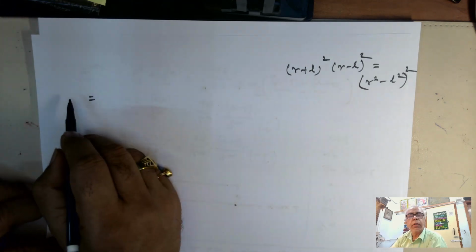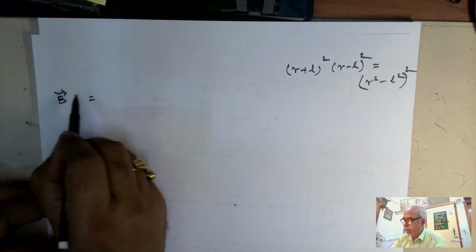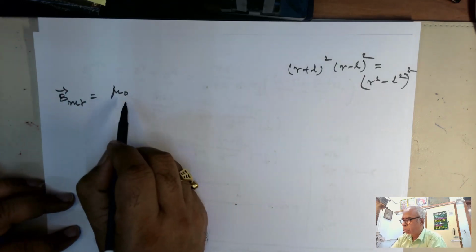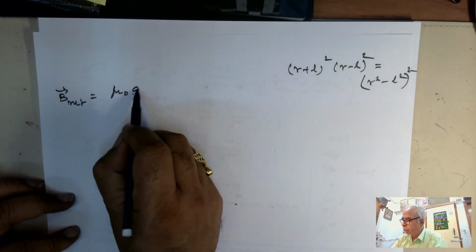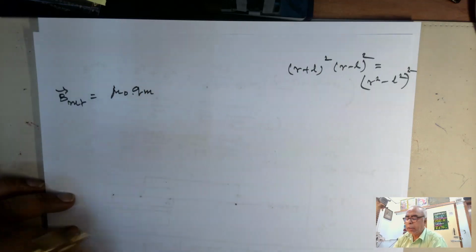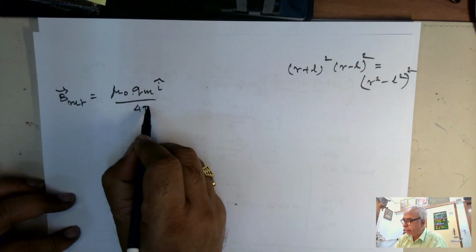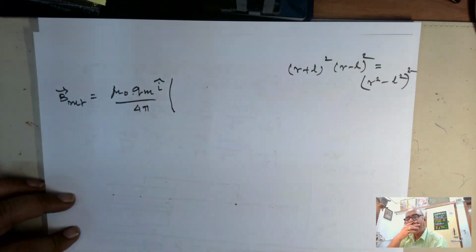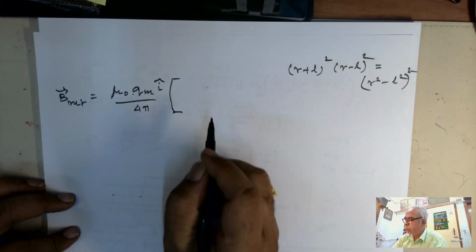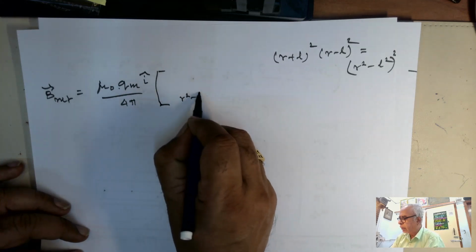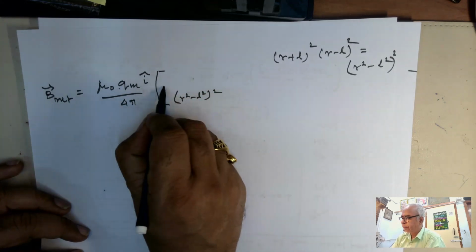Therefore, B vector net is equal to mu naught into Qm into i cap divided by 4 pi into, for the remaining, let us take the LCM, so it becomes R squared minus L squared whole squared in the denominator.